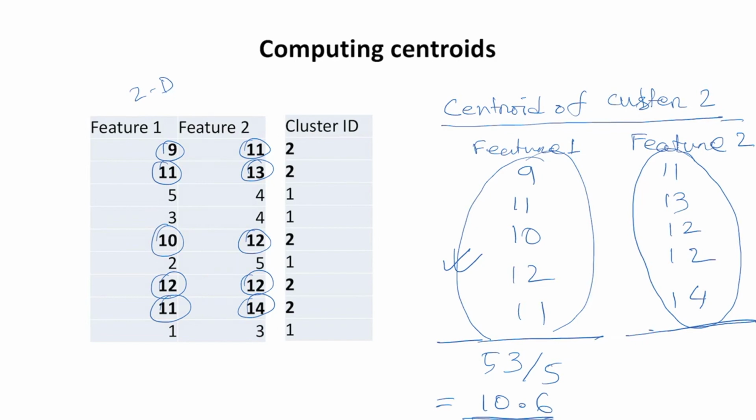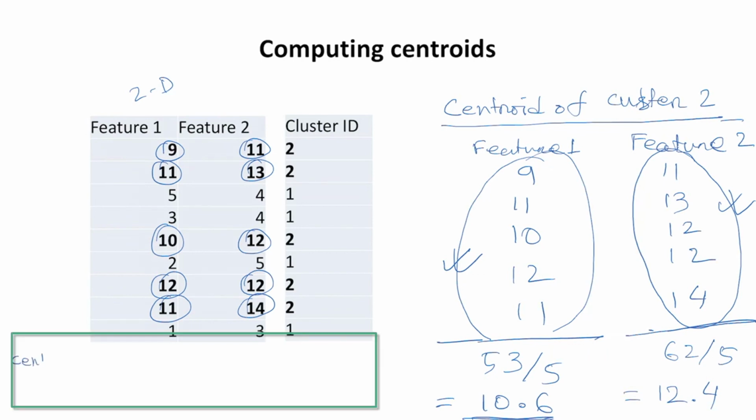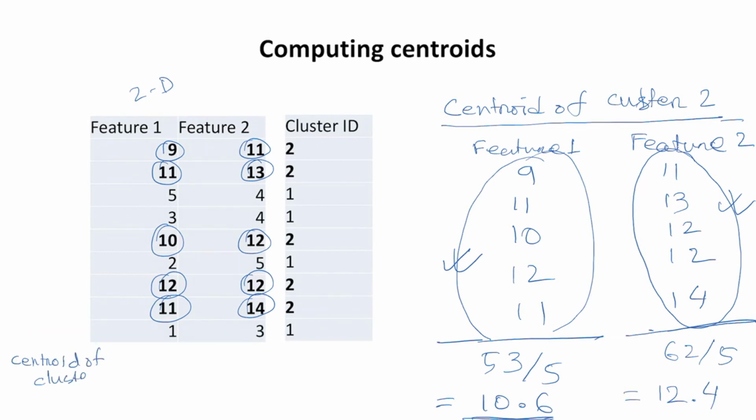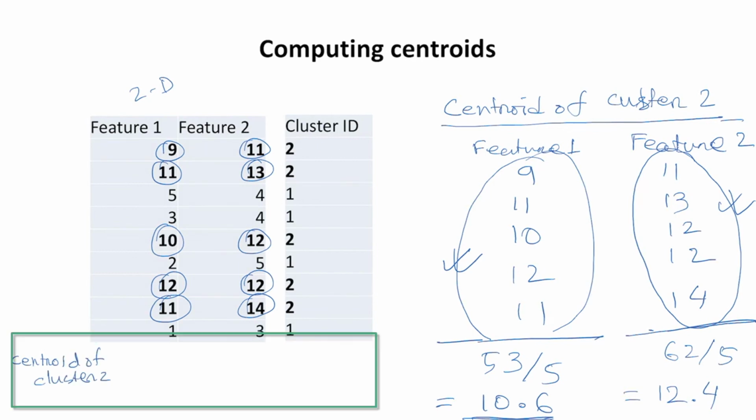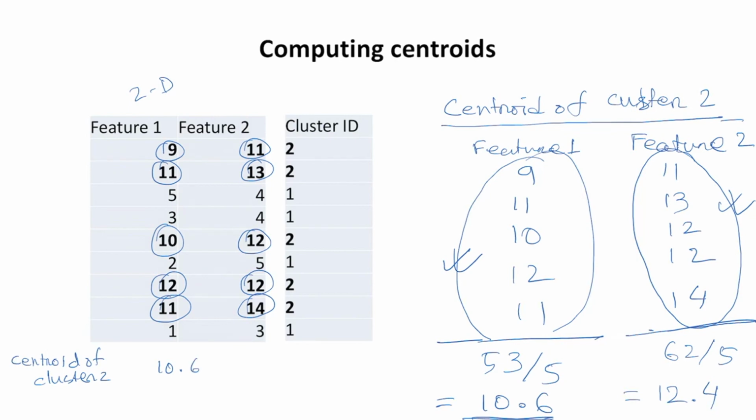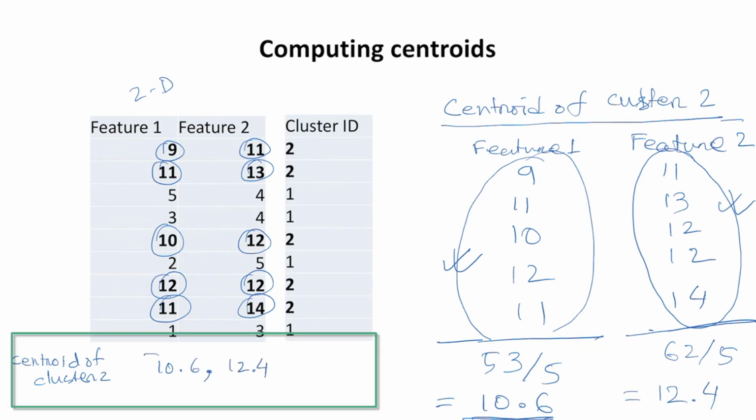The average of the numbers we have in feature 2 will be 11 plus 13 plus 12 plus 12 plus 14, which is 62 divided by 5, which results in 12.4. As a result, the centroid of cluster 2 will be considered as 10.6, 12.4.